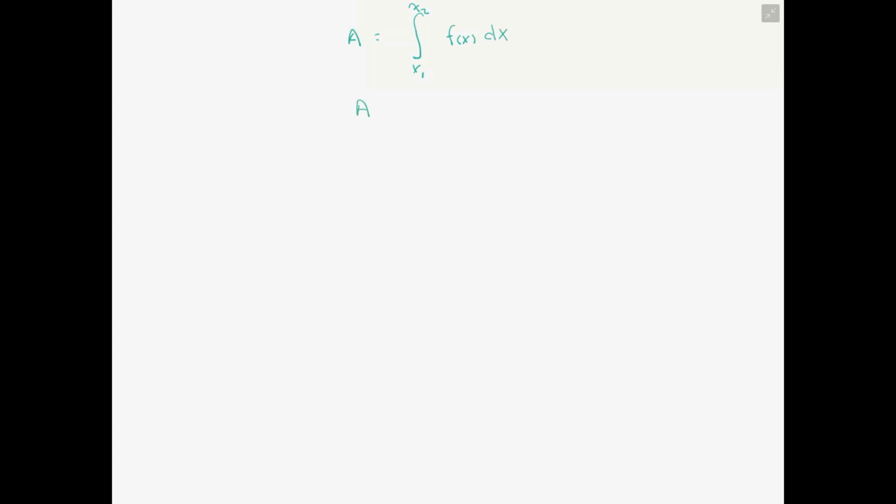F of x is the evaluation of the y value. And then when we integrate f of x, we get g of x, and we just plug in and evaluate that between x2 and x1, and that's the area under the curve, g of x2 minus g of x1. And that's the solution.